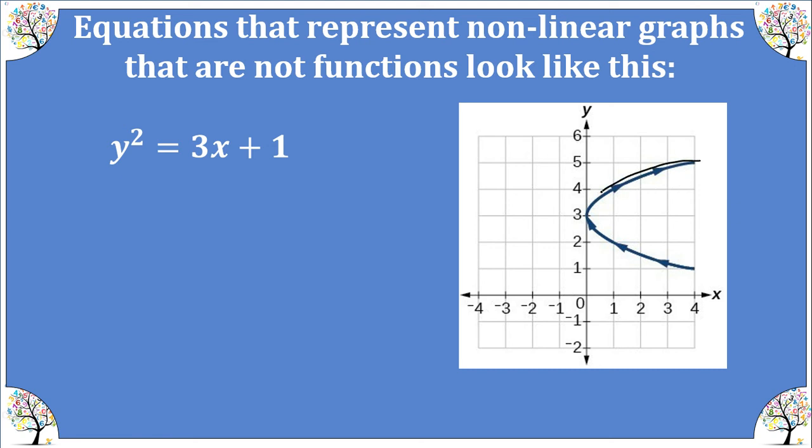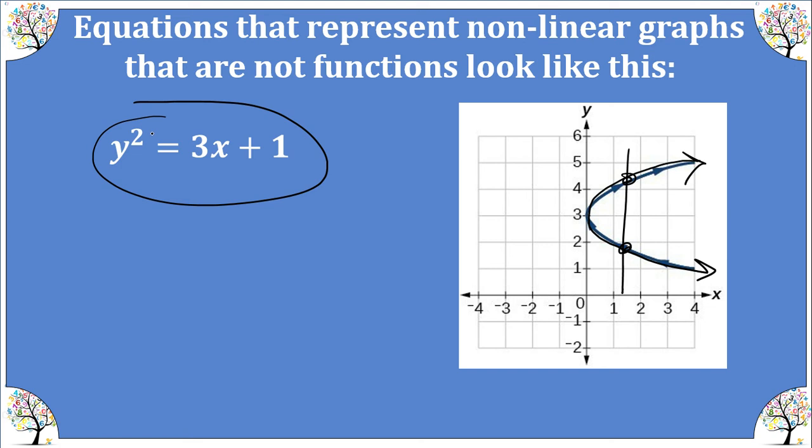It is a horizontal parabola. So it looks like this. It doesn't pass the vertical line test. We know it's not a function and we know that it's not linear. And this is what its equation looks like. So just make sure you jot this in your notes. So when you have y squared is equal to something like 3x plus 1, you're going to get this type of graph.